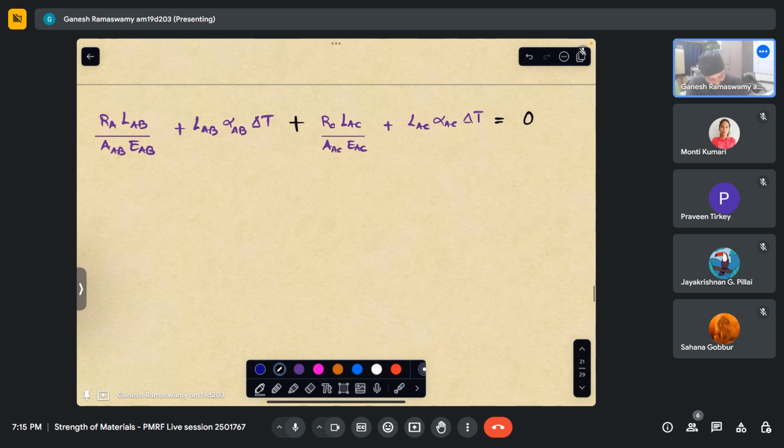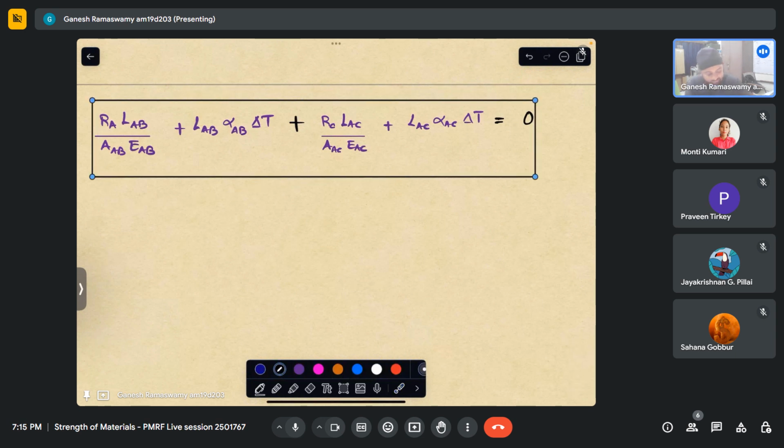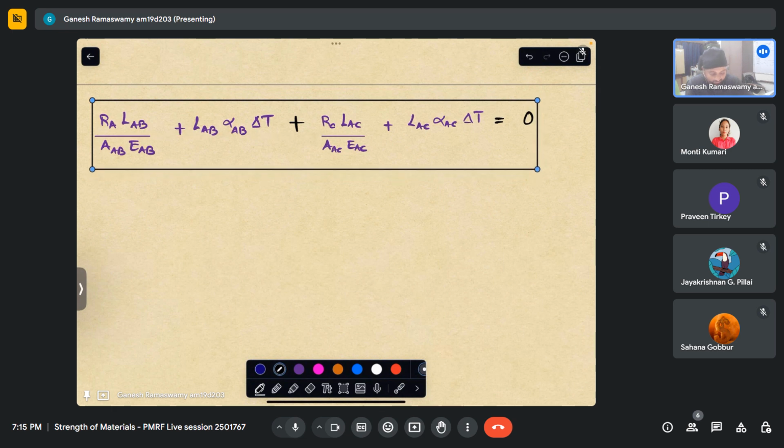Now it is to be noted that this equation has come about only because we have considered the body to be deformable. So this problem could not have been solved if we did not bring the deformation into the picture. So I'll call this equation 4.